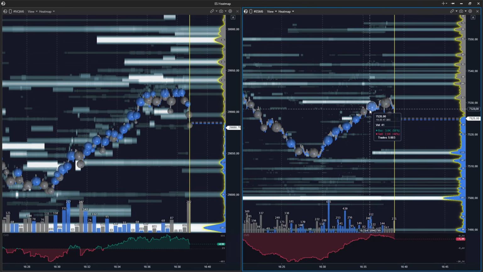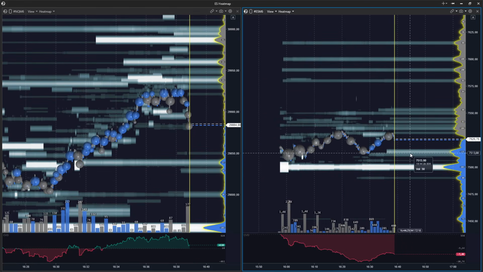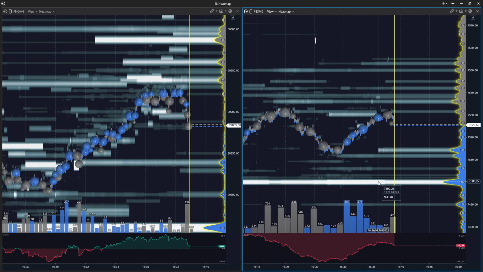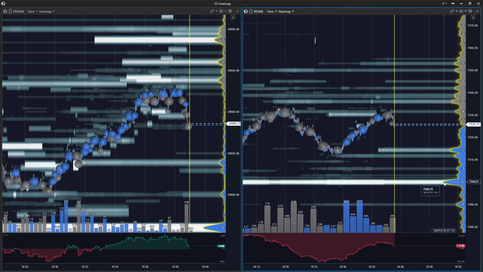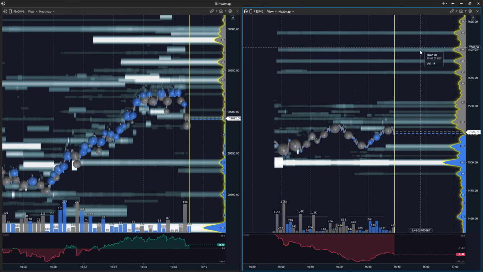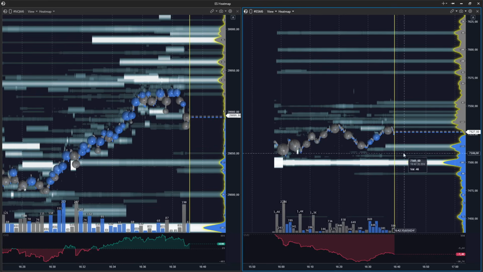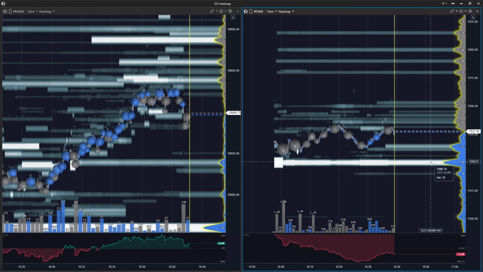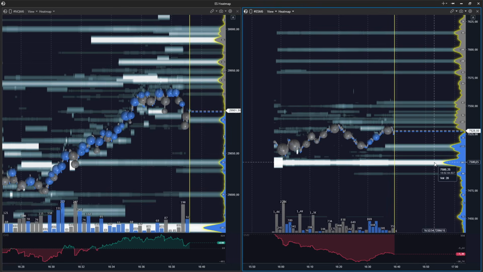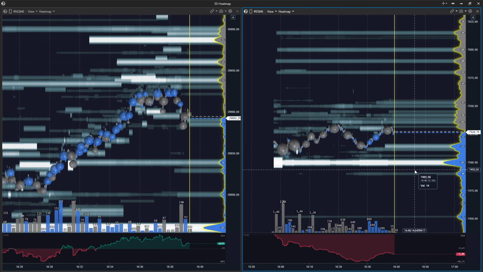I also use it as a normal heat map. For example, here you have the liquidity, and I look where we have most of the liquidity laying down, and for this example we have it here at the 7,500, which means first of all, it's a magic number.